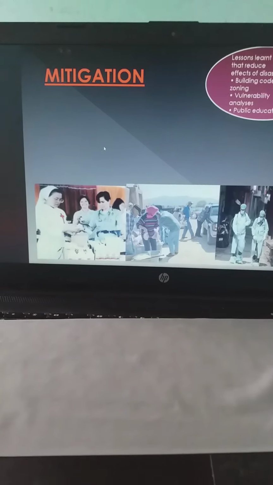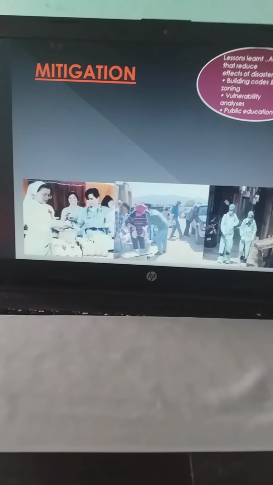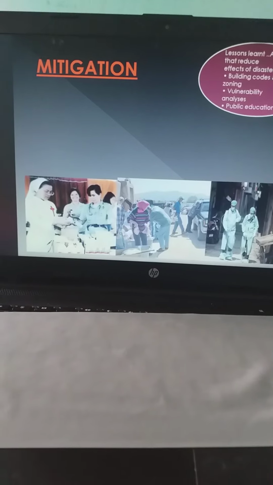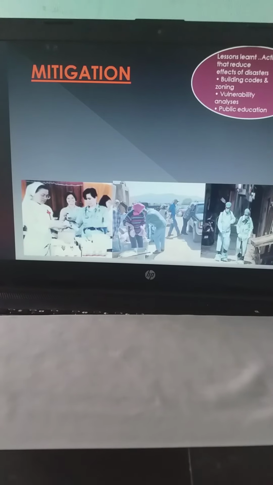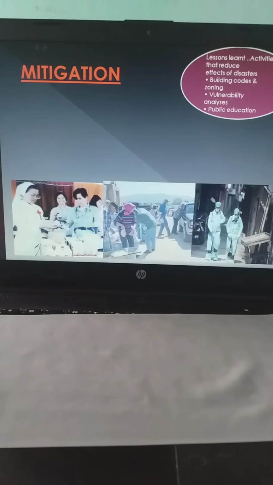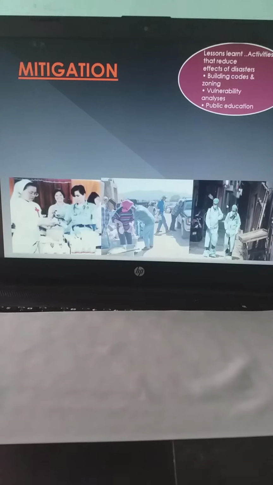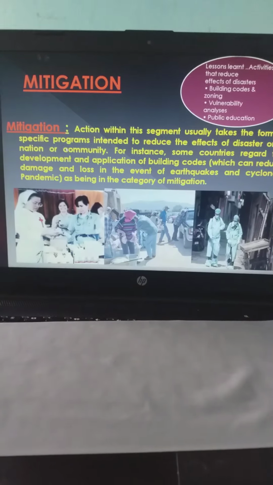Now mitigation is actually after recovery and everything, the lessons learned from a disaster. What places cause lots of havoc, all these measures need to be learned. Then after learning we need to understand which parts are more vulnerable, which parts are more at risk. For example, if it is a pandemic, we need to spray lots of disinfectant powder and do public education.